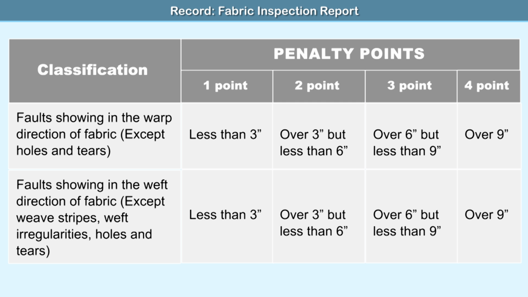Overlapping of two or more faults leads to application of the faults that have higher penalty. A 3 feet distance from the inspection table is required for the inspection.